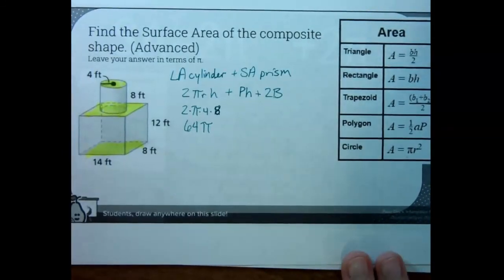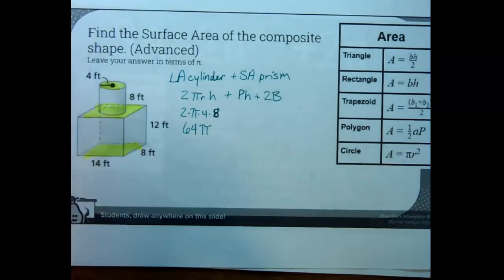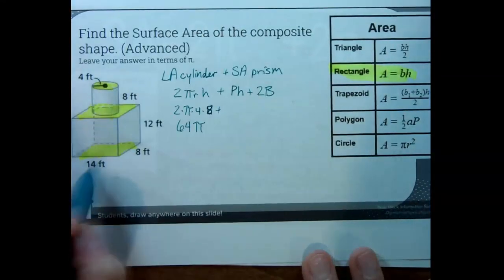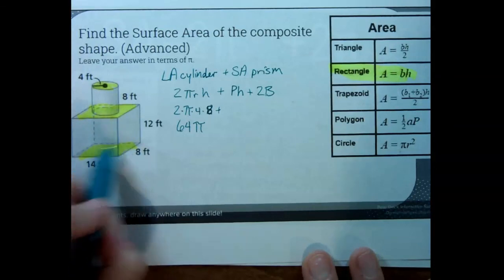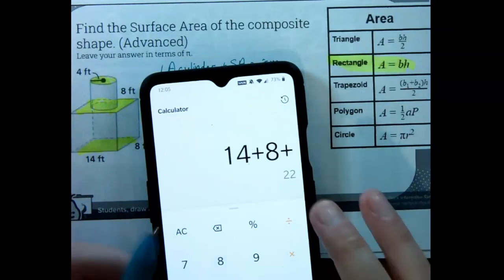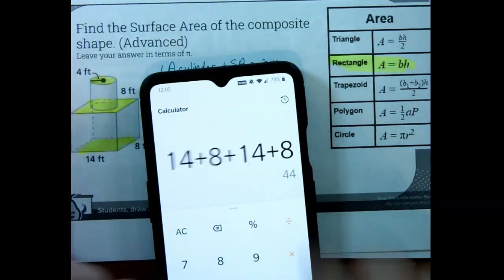And then my base is just simply a rectangle. So when I highlight that formula, I'll use that. So perimeter of my base, 14 plus 8 plus 14 plus 8. I'm going to get 44.